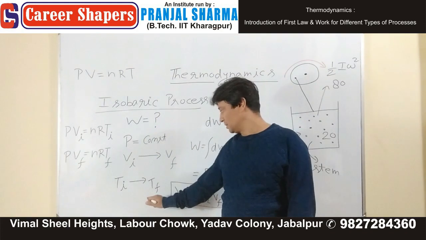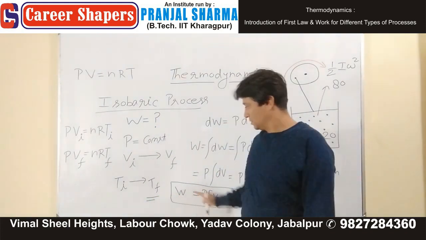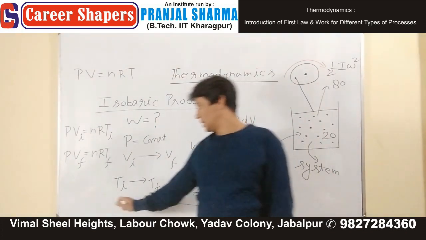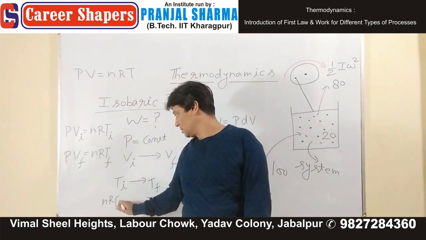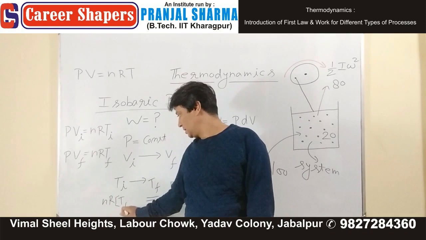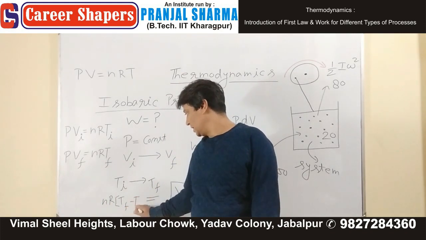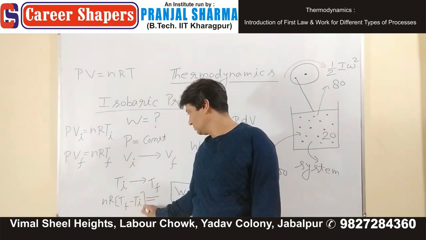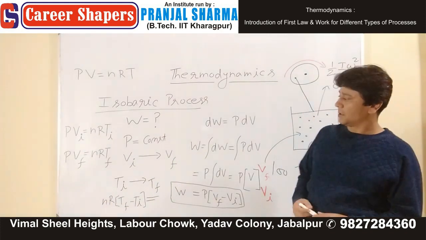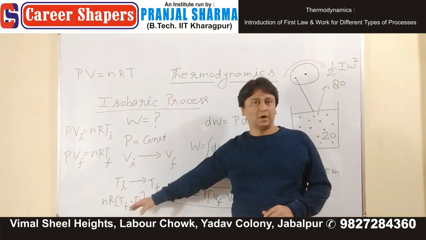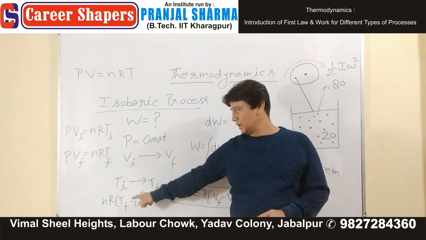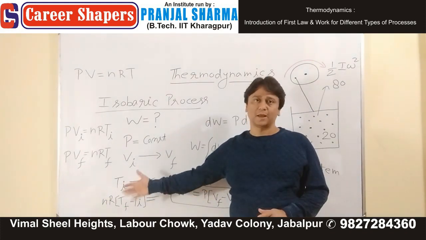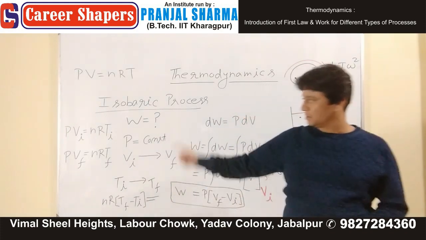This comes to nR times T final minus T initial. This is work done in an isobaric process in terms of initial and final temperatures. Note down this.